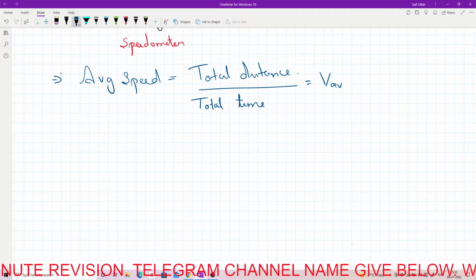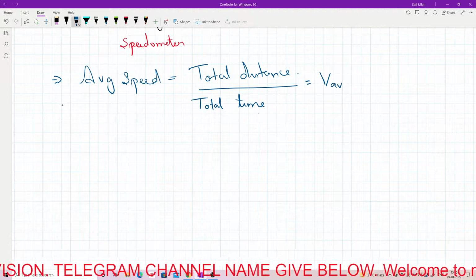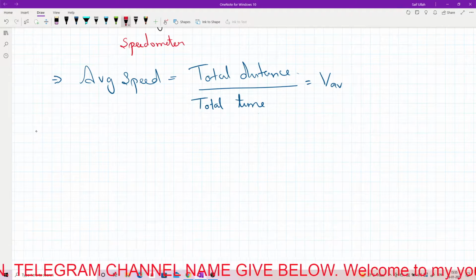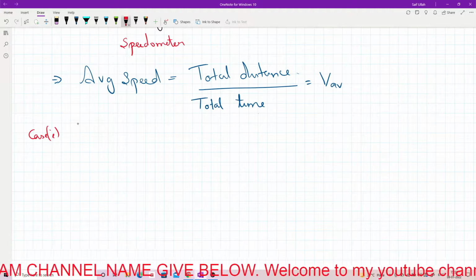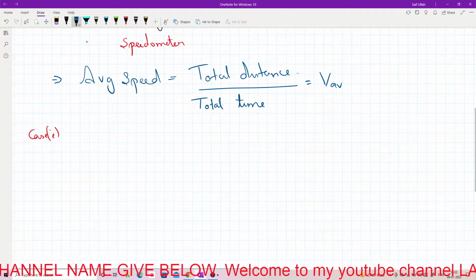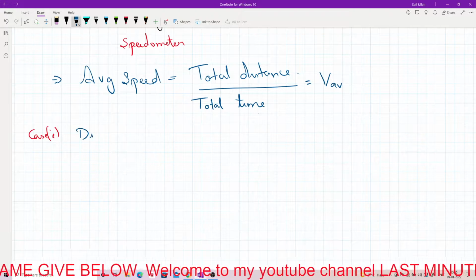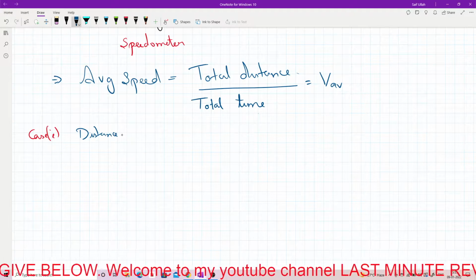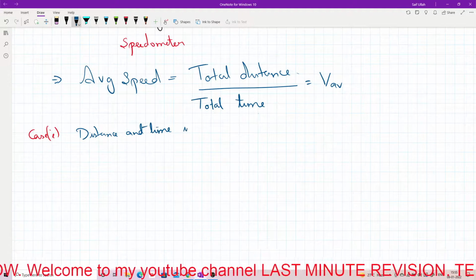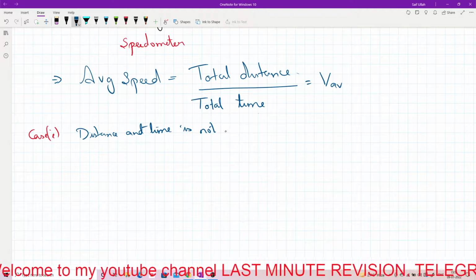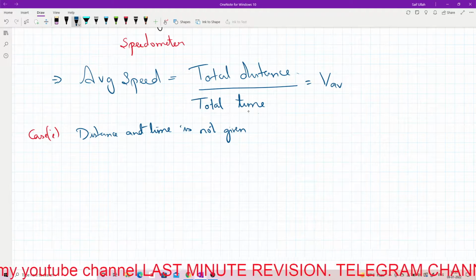Now there are different cases. In different cases you can find average speed. Let's start with the first case. In the first case we will have only the velocities; distance and time are not given, we have only speed.